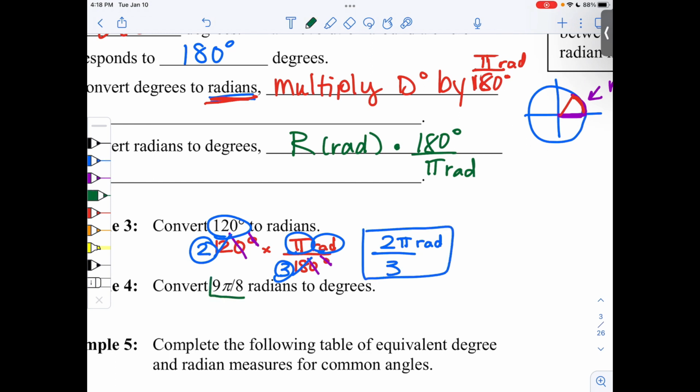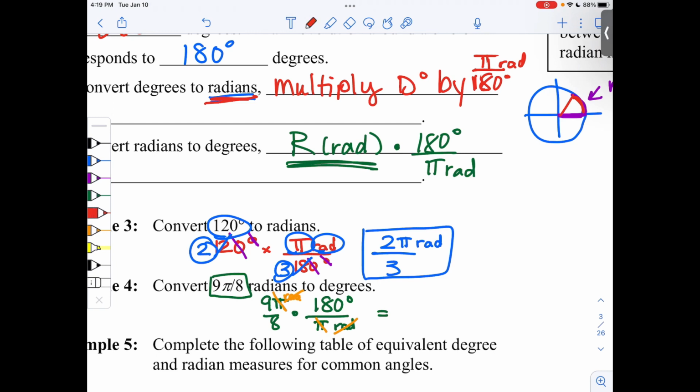And to convert 9 pi over 8 radians to degrees, again, we're going to take our 9 pi over 8 radians and multiply by 180 degrees all over pi radians. So when we're looking at this, I know pi divided by pi cancels. Also, radians divided by radians cancels out.